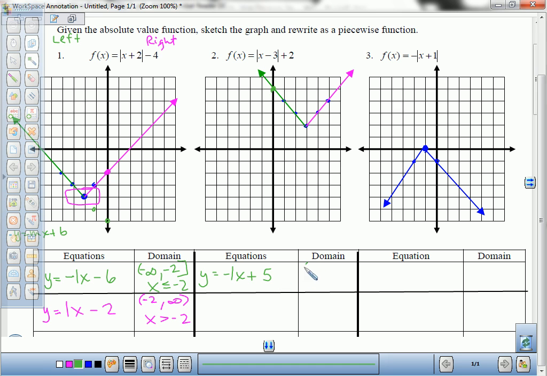Now, that one goes forever left, so it's from negative infinity up to this x value. What is that x value? 3. Now, just to show you that it doesn't matter, I'm not going to include it here. So since I do not include it, I do not have the equal to.